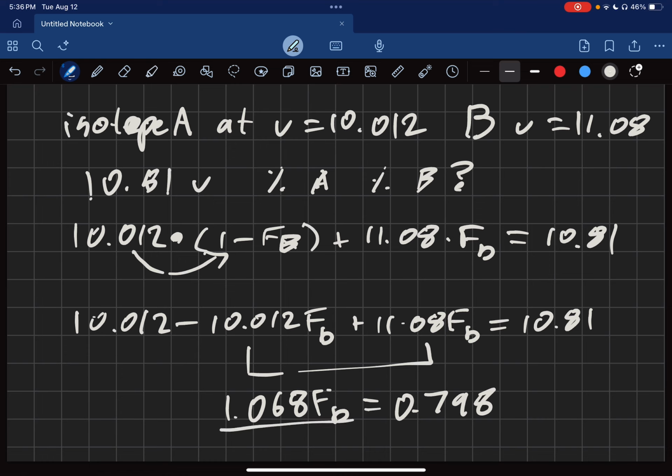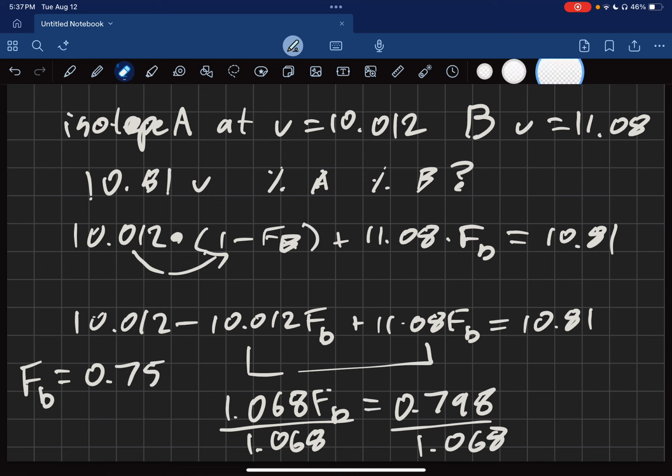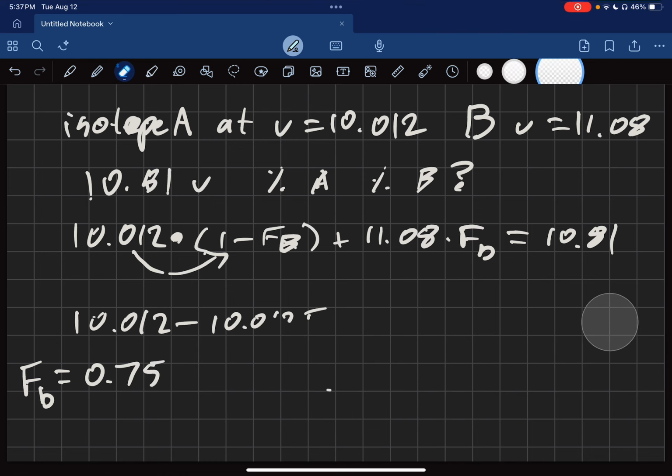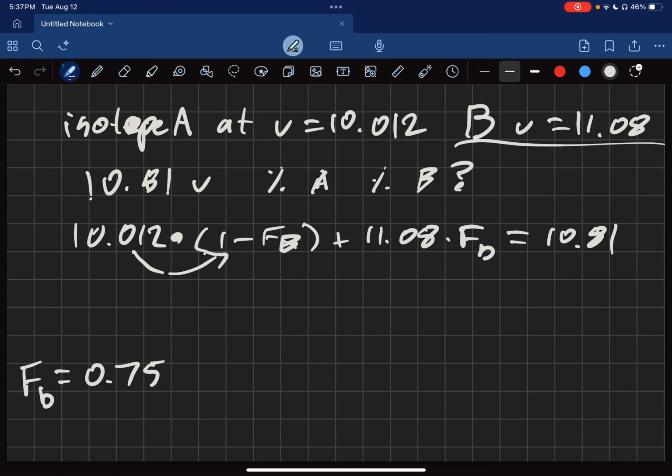Finally, we can divide both sides by 1.068, and we get FB equals 0.75, just about. So that means that isotope B is at a frequency of 0.75. 75% of all the isotopes come from B.